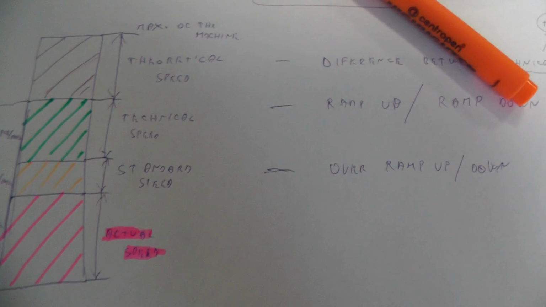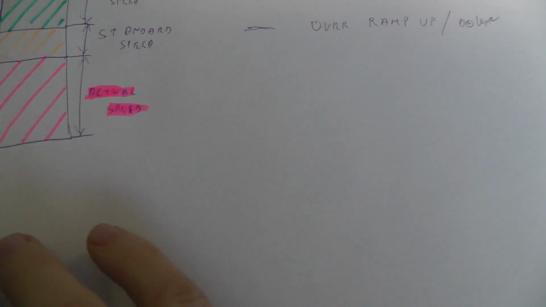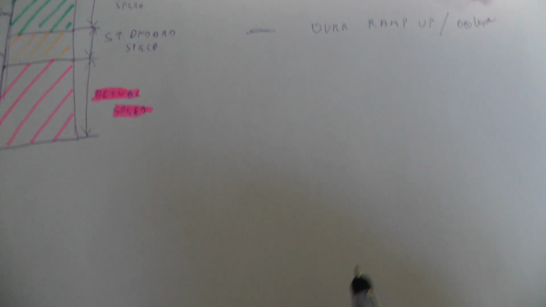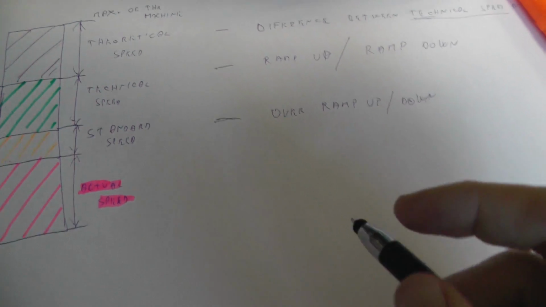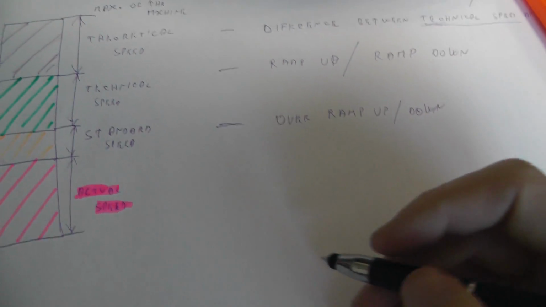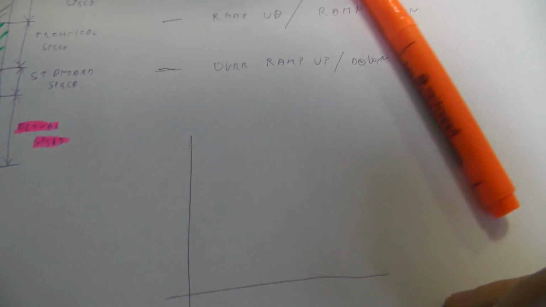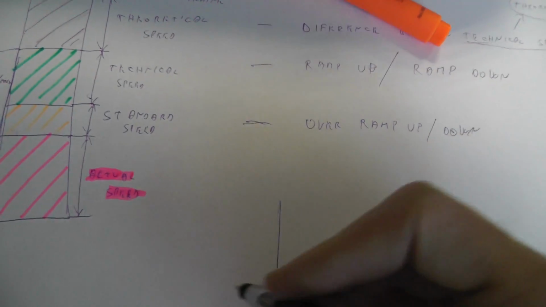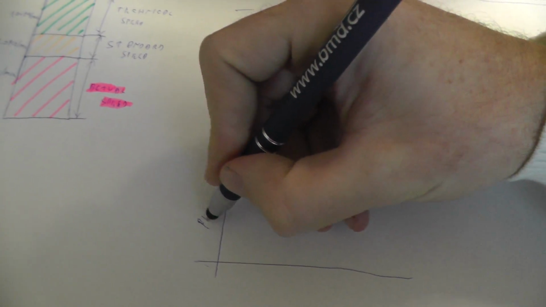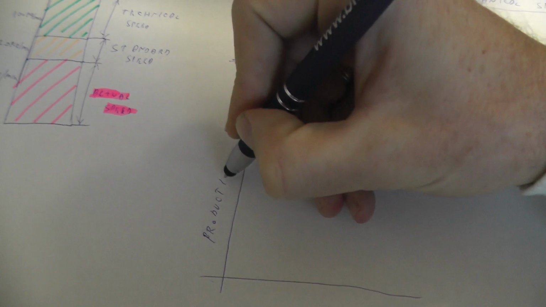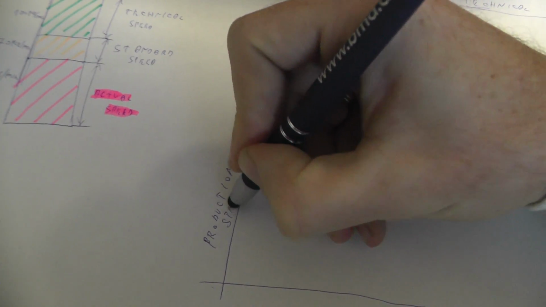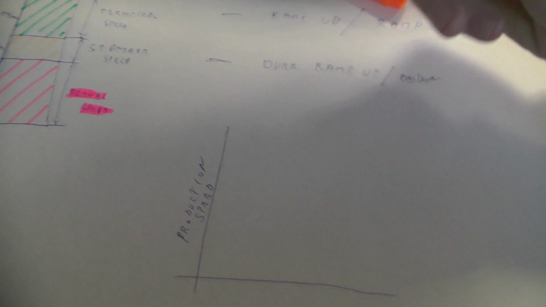Okay, so this is like this. And now I can show you a calculation of the speed losses, because we know types, we know reasons of speed losses, but now it's time for the calculation. So for example, we have here a production speed, and this is time.